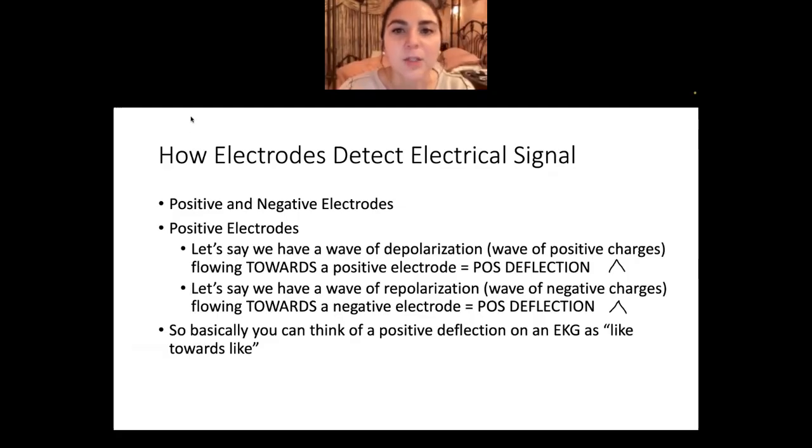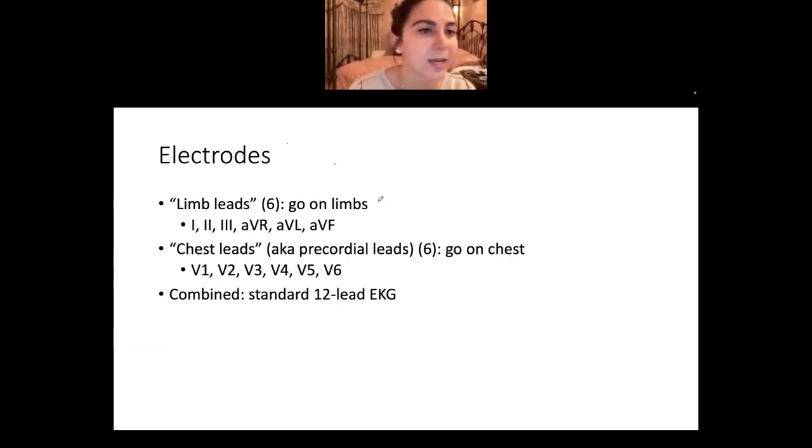All right. So how all of these limb leads and precordial leads detect electrical signal is that they themselves are either a mix of positive and negative electrodes, or they're just positive electrodes. The limb leads, for example, are both positive and negative. One side is negative, one side is positive.